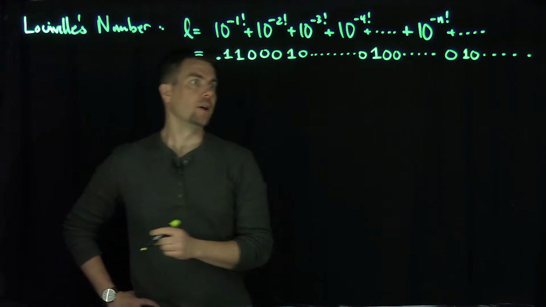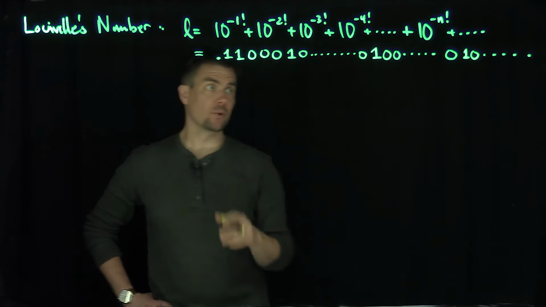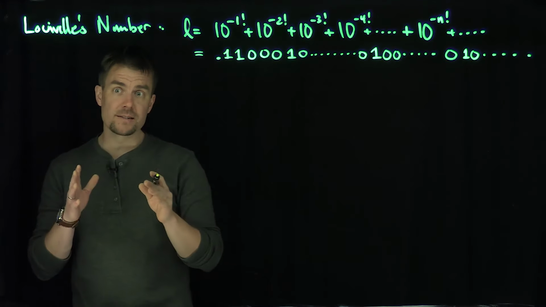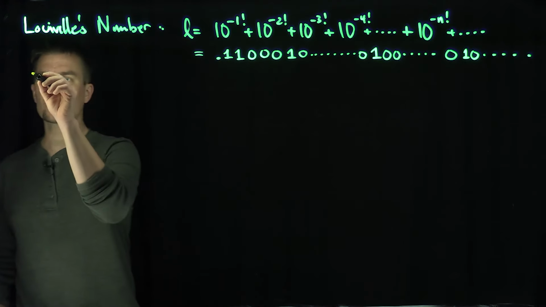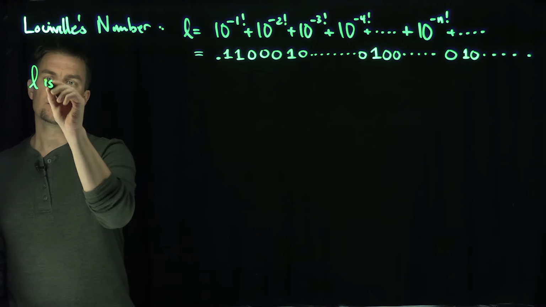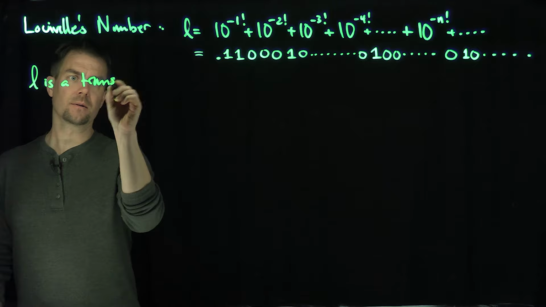So this is a real number, and I want to show this number is transcendental. It's not the solution of any polynomial equation with integer coefficients. So we claim L is a transcendental number.